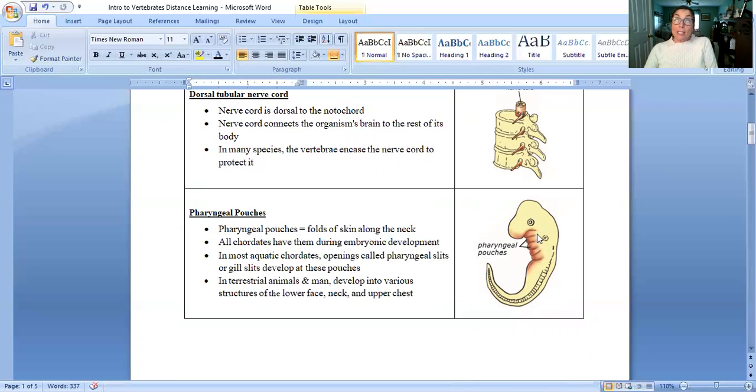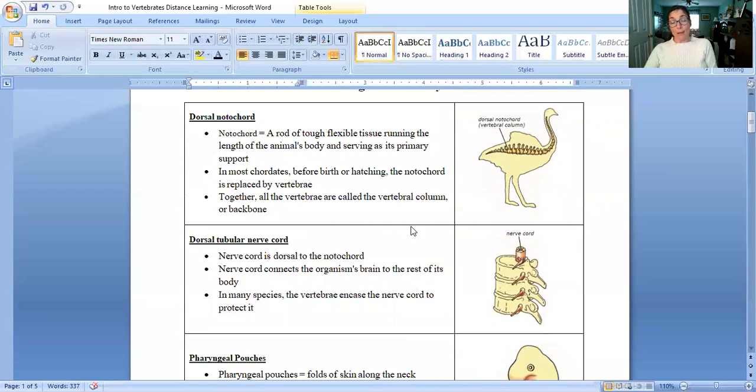There is one class of organisms that keep their pharyngeal slits throughout adulthood, and so they're not just found in the embryonic stage. Okay, so again, to be in the phylum Chordata, 3 things have to be true. You have to have a dorsal notochord at some point in your development. In most chordates, which are vertebrates, that notochord develops into the backbone.